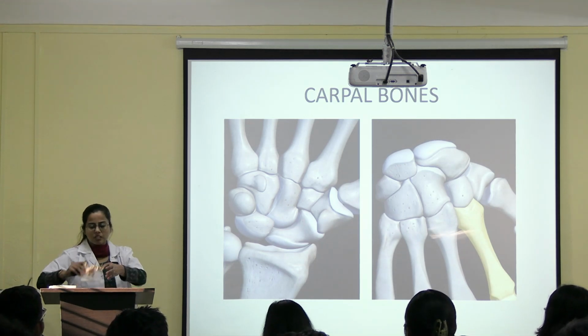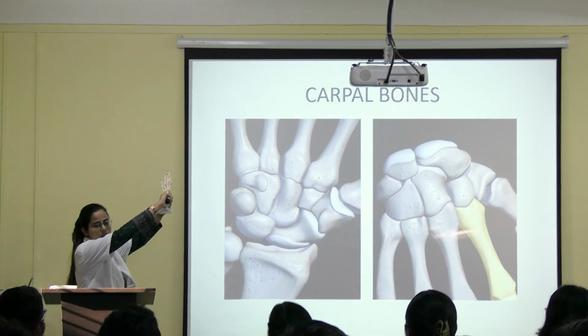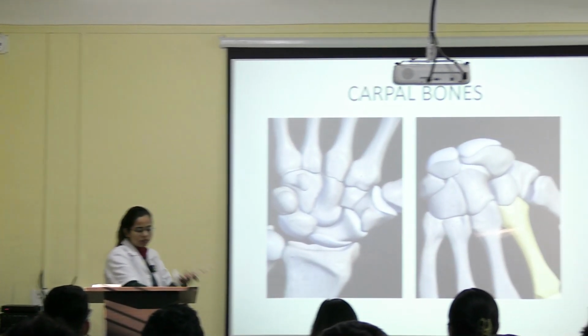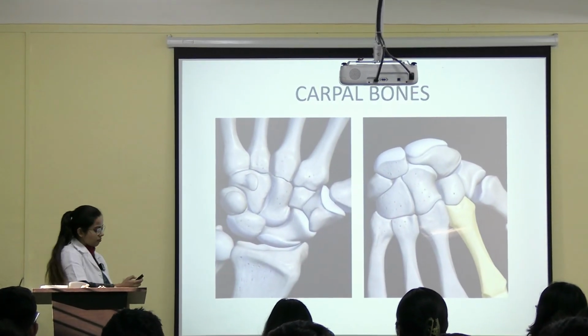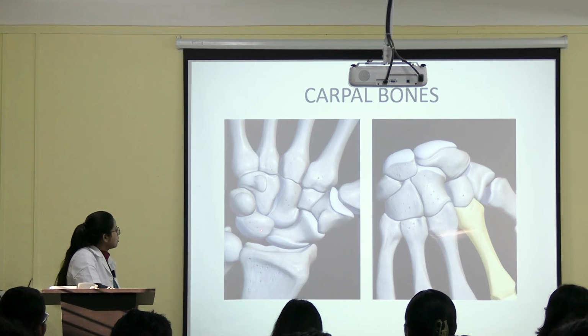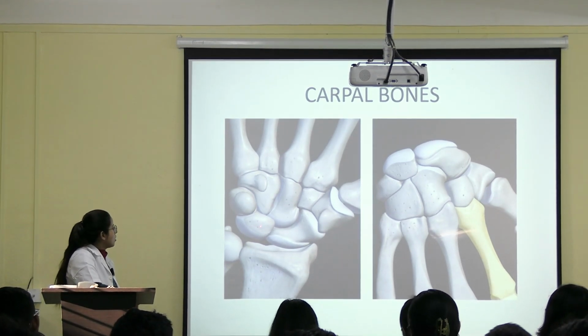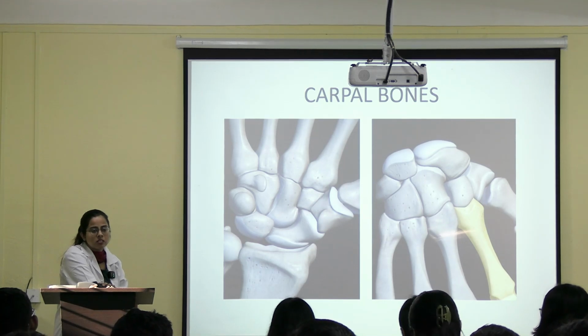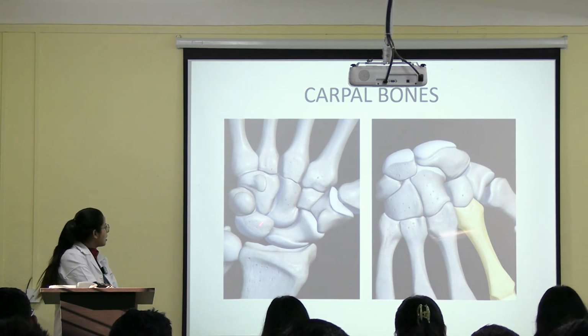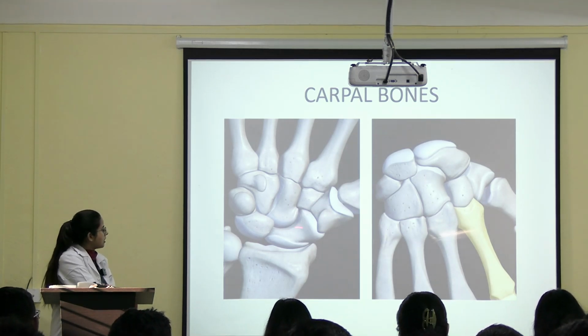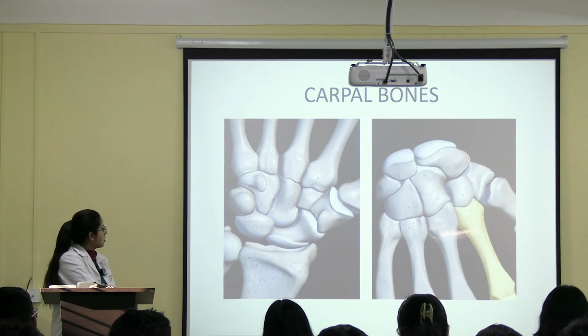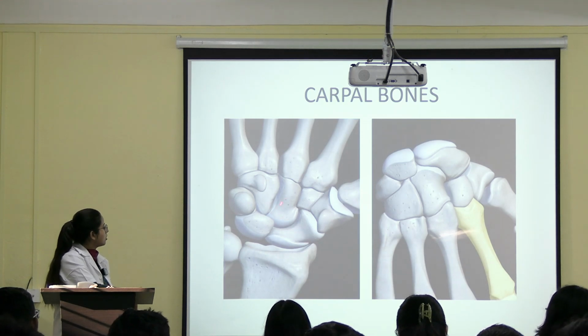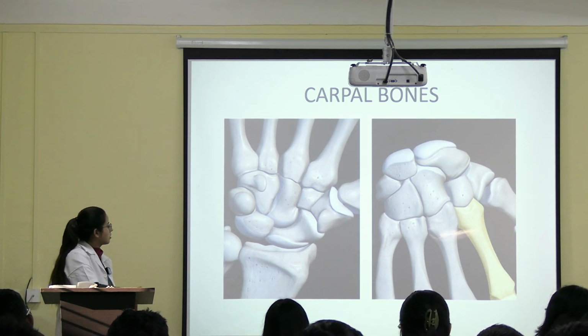This is the tubercle of the scaphoid. Now what is this bone? Lunate. Lunar means crescent shape. Laterally it is articulating with the scaphoid bone, medially with triquetral, distally with capitate.